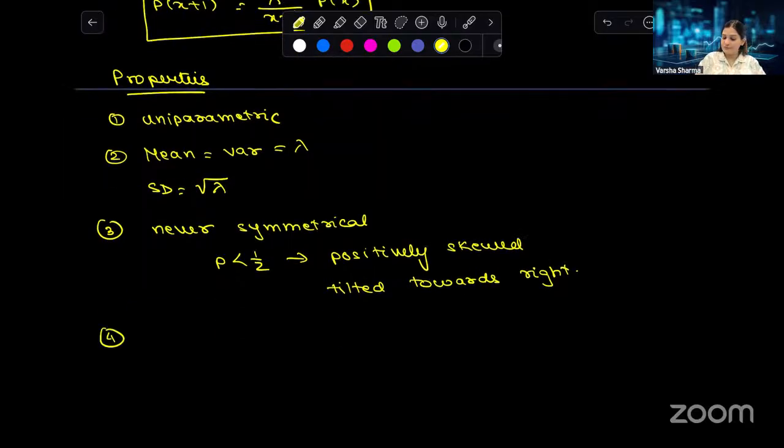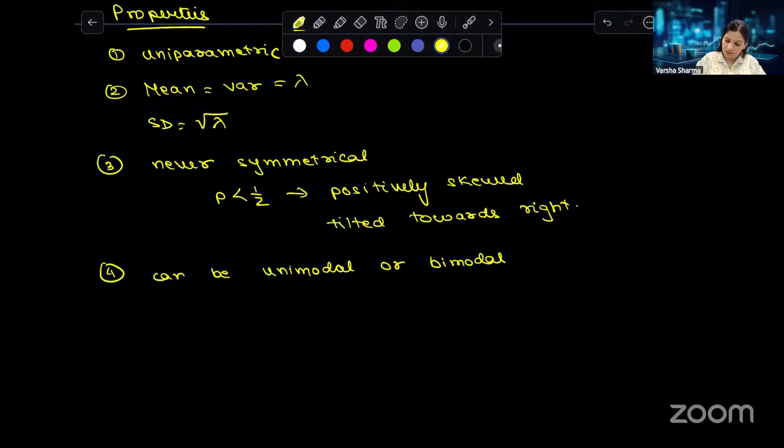Fourth, as we studied in binomial, since it is never symmetrical, mean, median, mode cannot be equal. Mean formula we know. Mode will be calculated again from lambda. It can be unimodal or bimodal, depending upon the value of lambda.